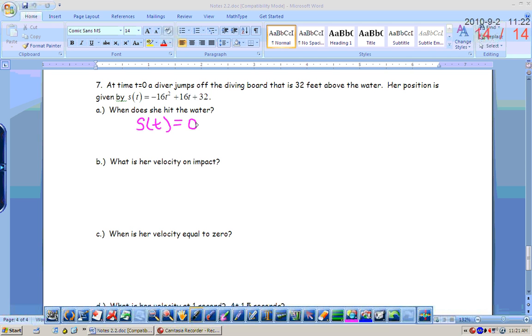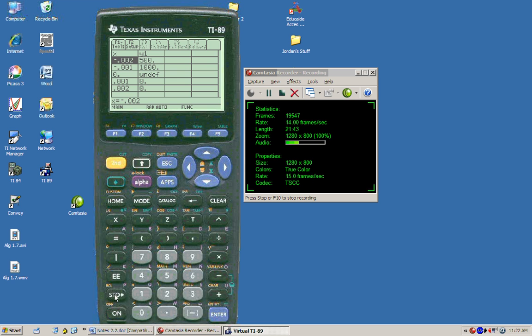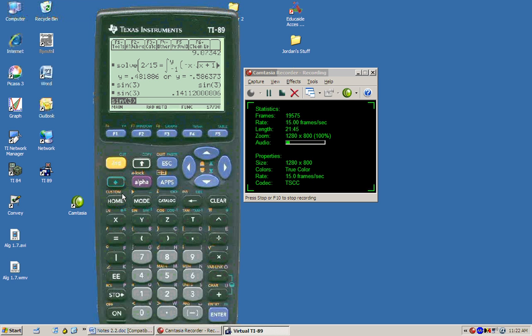For application problems, you can almost always use your calculator, so we're going to use our calculator to do this. Grab your calculator. It's been a while since we've asked the calculator to solve an equation. Let's just use the home screen to solve it. You may remember that you can solve on the home screen.